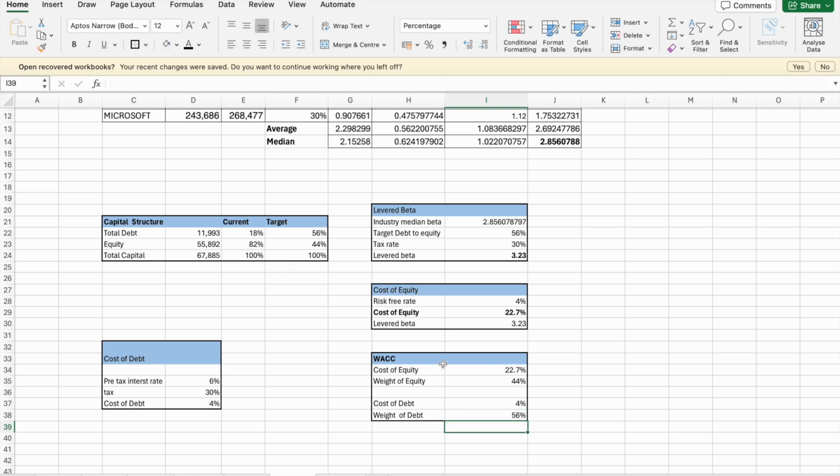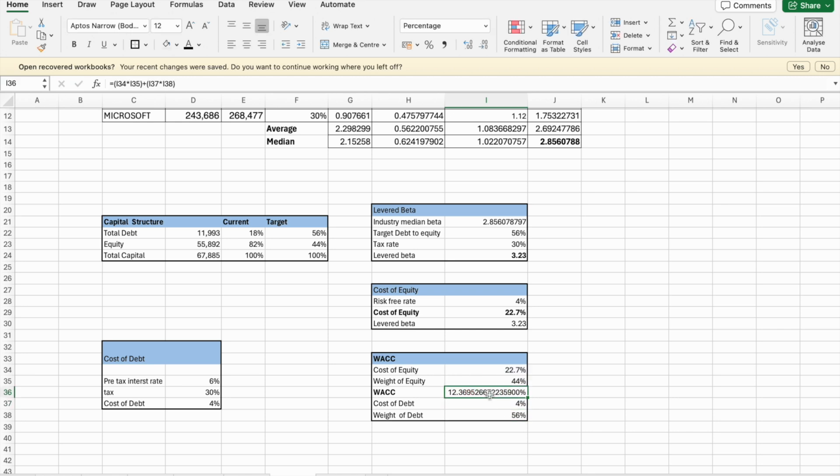Now the simple formula is weight of equity multiplied by the return of the equity, plus the cost of debt multiplied by the weight of debt, which will give us the weighted average cost of capital.